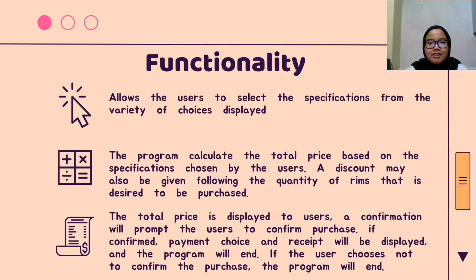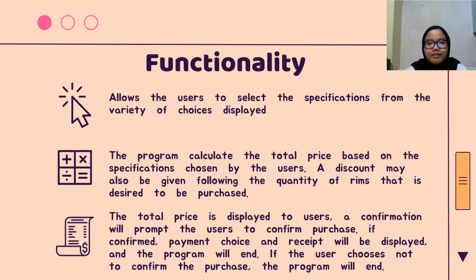When selecting the specifications, the options are displayed to the user, and the program will also display the specification chosen after each time the user has selected one. For example, when a user inputs 3 for vehicle type, the program will display: your choice is sports car.